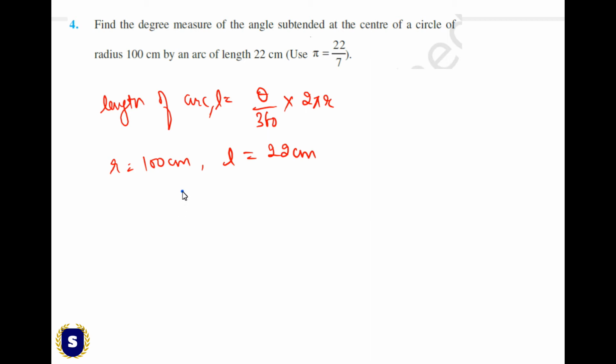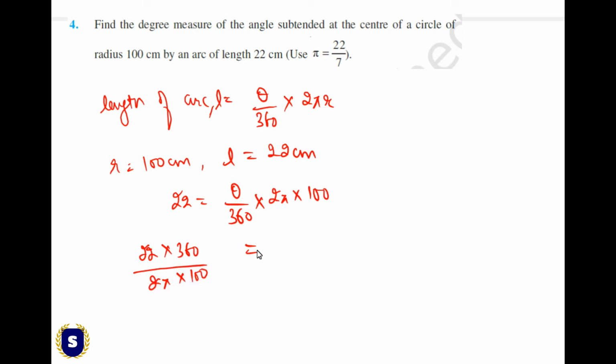So we substitute the values. 22 is equal to theta by 360 into 2 pi and r is 100. Okay, so theta comes out to be 22 into 360 upon 2 pi multiply 100. This is the value of theta here.